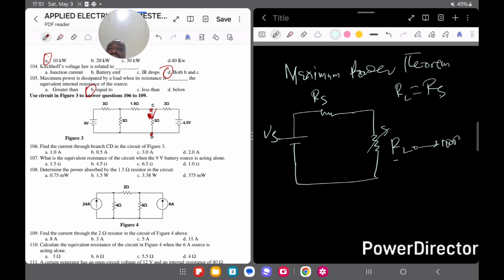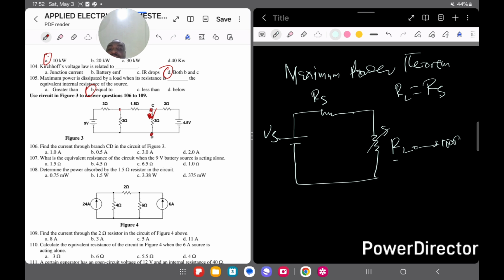If you try to use network reduction, you can't even use it, so that is out of the question. With nodal analysis, because you have a node here and another node here, you are going to have two equations, so maybe you want to avoid nodal analysis.